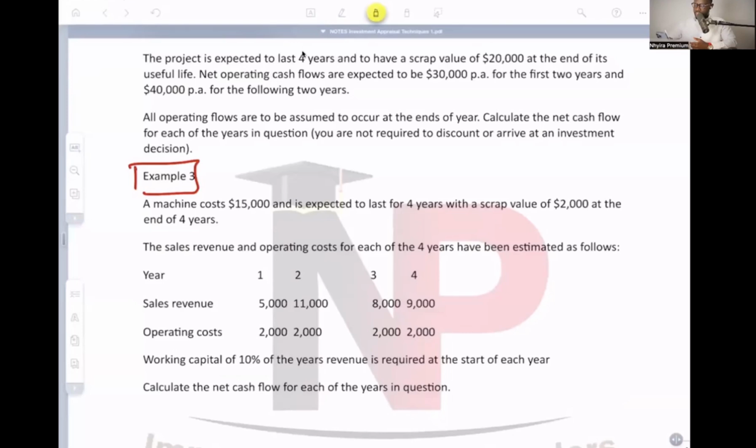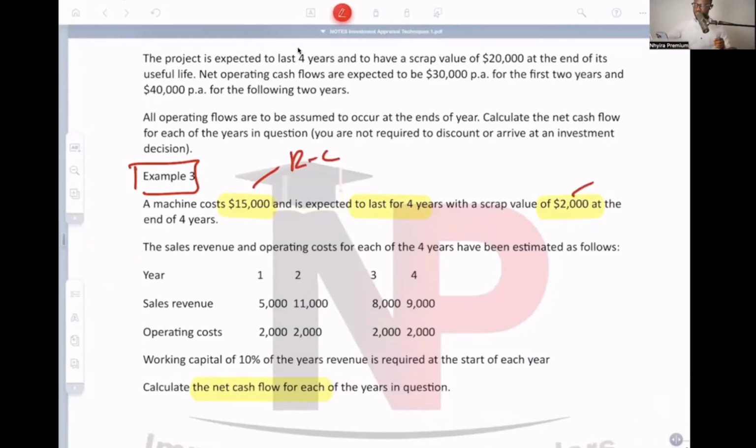The requirement here is pretty simple. We are supposed to calculate the net cash flow for each of the years in question. So let's see what we got. A machine costs $15,000 and is expected to last for 4 years with a scrap value of $2,000 at the end of year 4. So the cost of the asset is a relevant cost, RC.